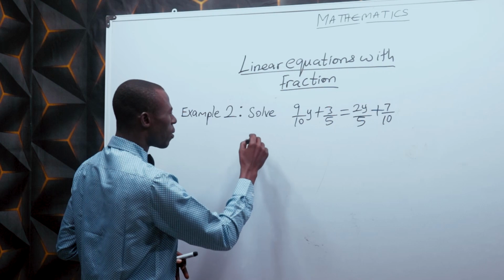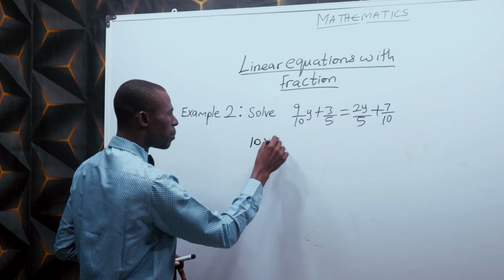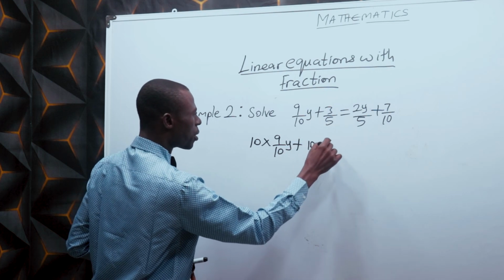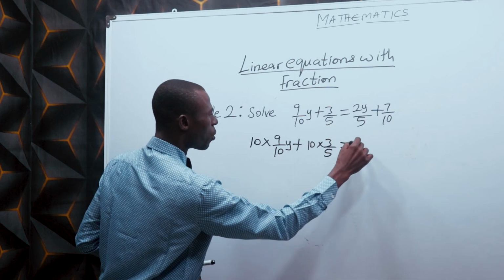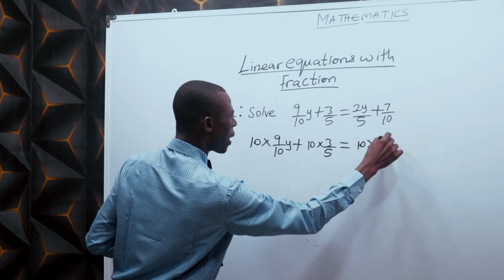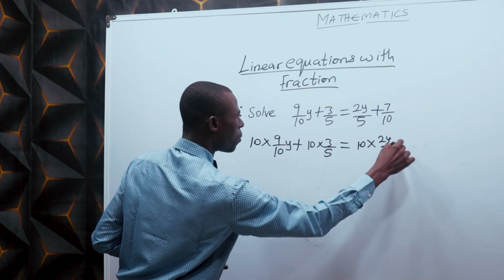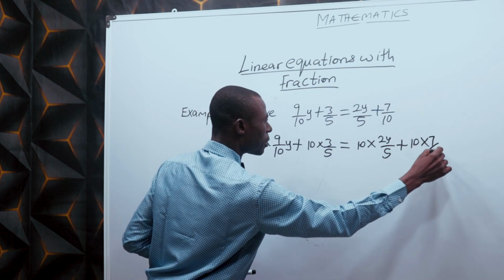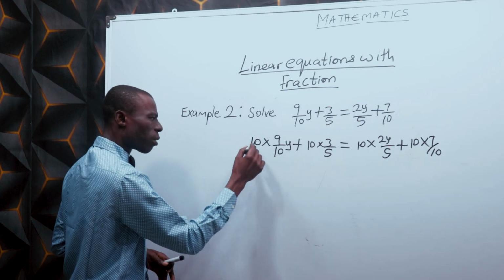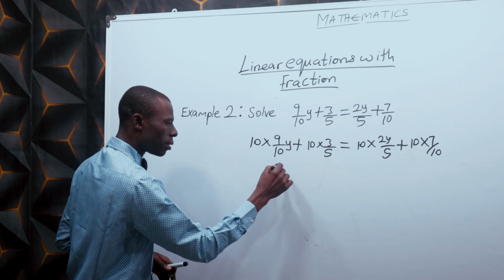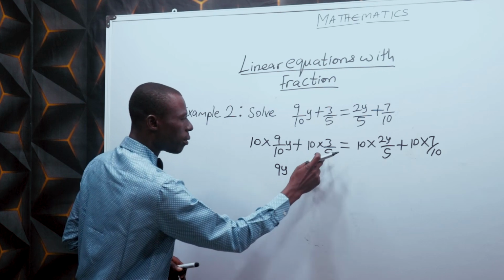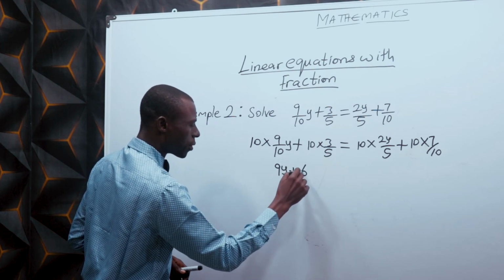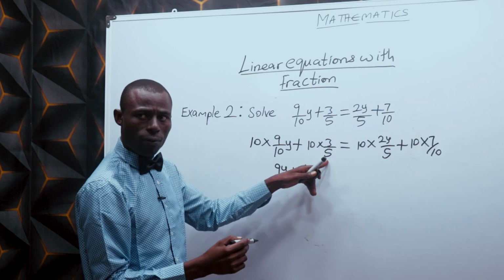That is 10 times 9 over 10y plus 10 times 3 over 5 equals 10 times 2y over 5 plus 10 times 7 over 10. 10 we take out of 10 here, having 9y left. 5 in 10 is 2, 2 times 3 is 6, because 5 in 5 is 1.